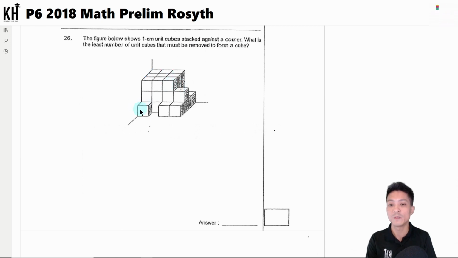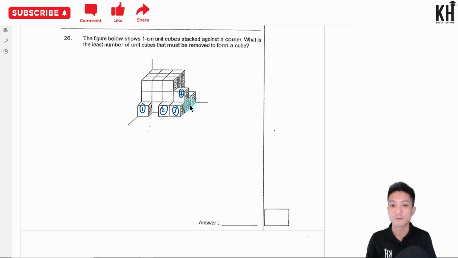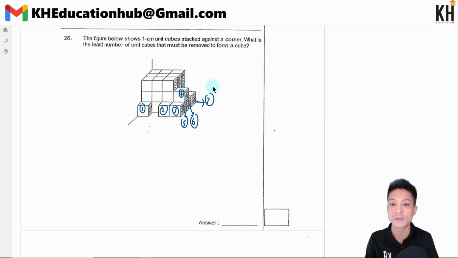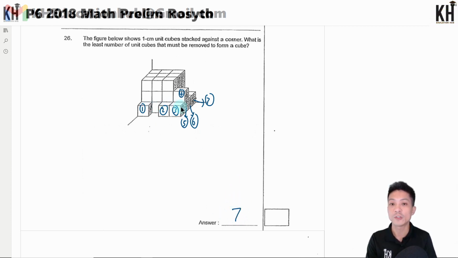Which means that I can remove these. 1, 2, 3, 4, and then I'm gonna remove this also. 5, remove this. 6, and remove this. 7. I just want to check if I missed out anything. 1, 2, 3, 4, 5, 6, 7. Okay, if I remove those 7 cubes, I'll get a 3 by 3 by 3 cube.